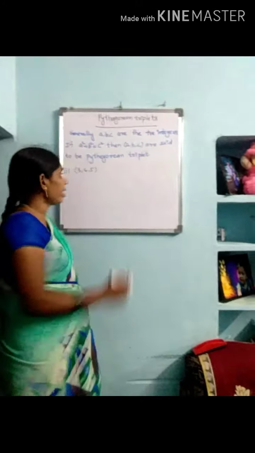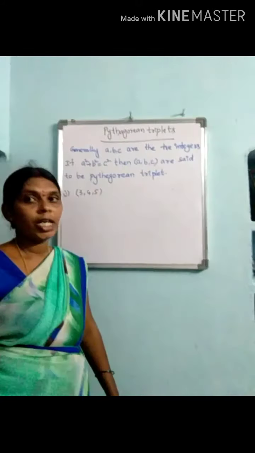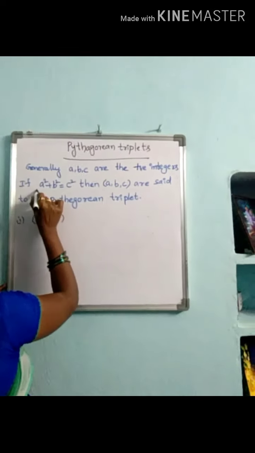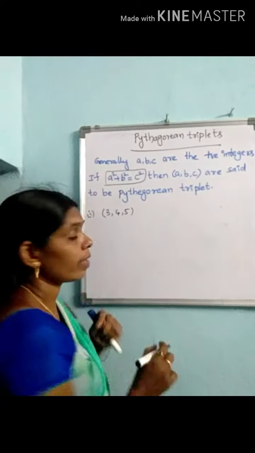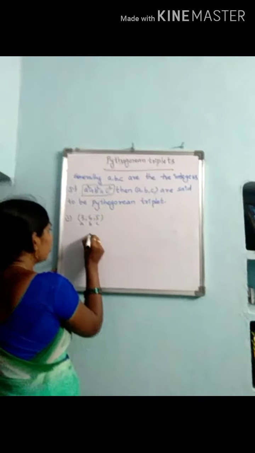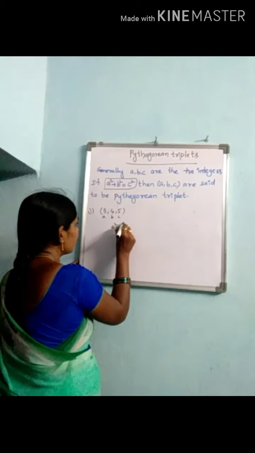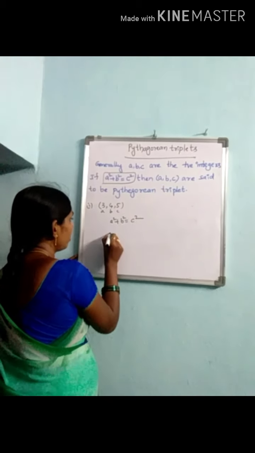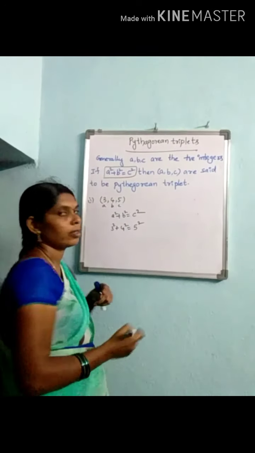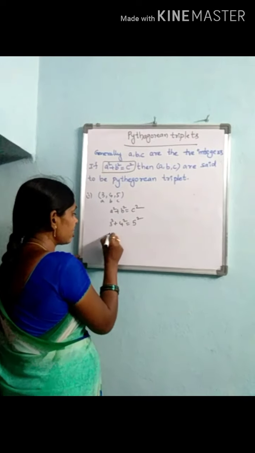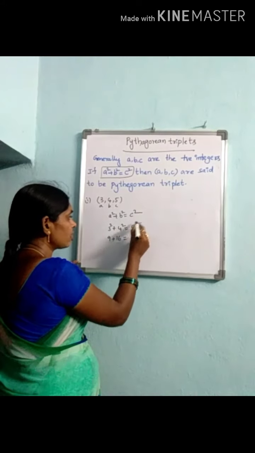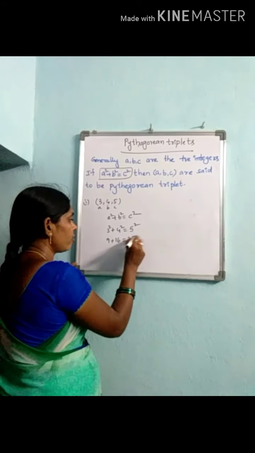See here, I am taking the example 3, 4, 5. Is it a Pythagorean triplet or not? We have to use this rule, a squared plus b squared equals c squared. So a is 3, b is 4, c is 5. 3 squared plus 4 squared equals 5 squared. 3 squared means 3 threes are 9, plus 4 squared means 4 fours are 16, which should equal 5 squared, 5 fives are 25.